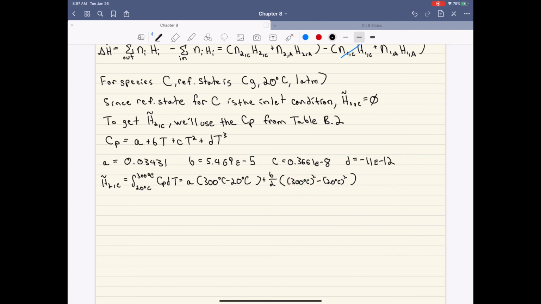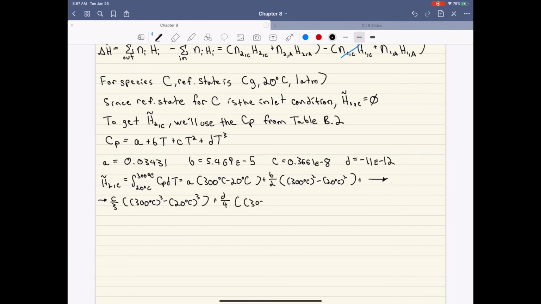Okay. All right. I'm going to go to the next line since this gets a bit complicated. So now we have C divided by 3. That's 300 degrees C cubed minus 20 degrees C cubed. And then plus D divided by 4.